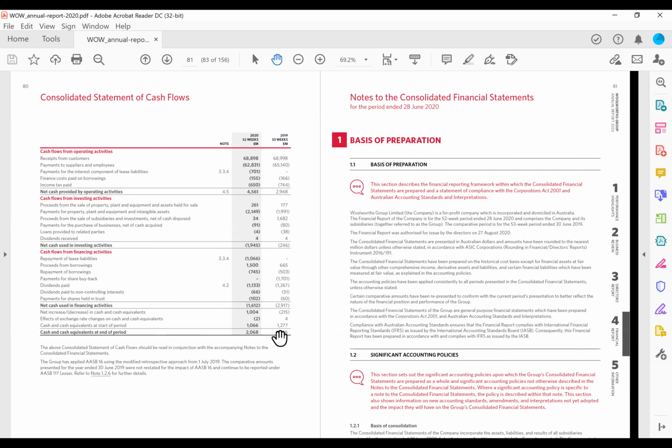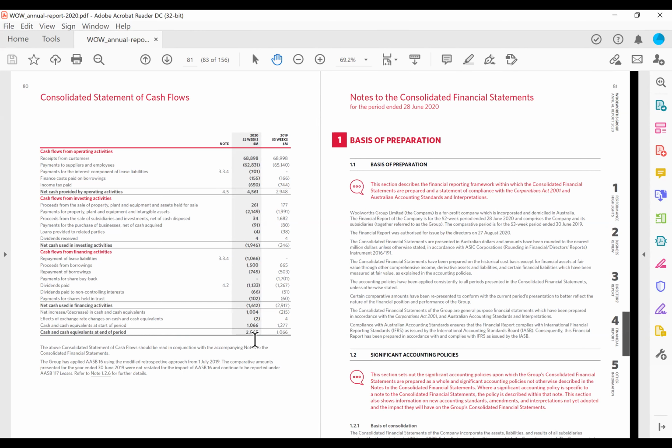So you can see that 1,066 million was the cash balance at the end of 2019. That becomes the beginning balance, or the balance at the start of the period for 2020. And what we've just shown here is how we get to the ending balance, which is 2,068 million.